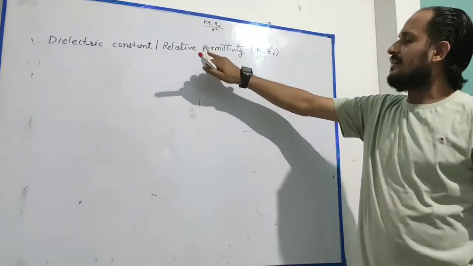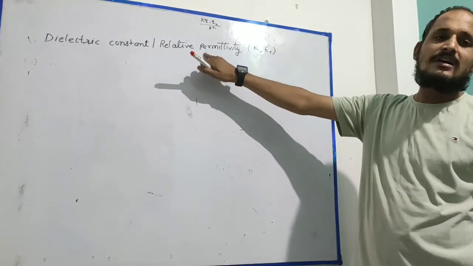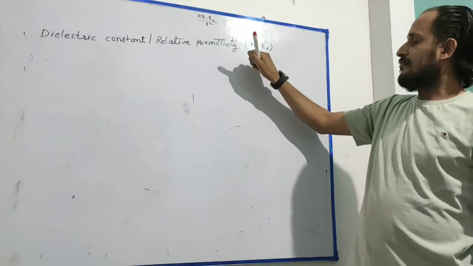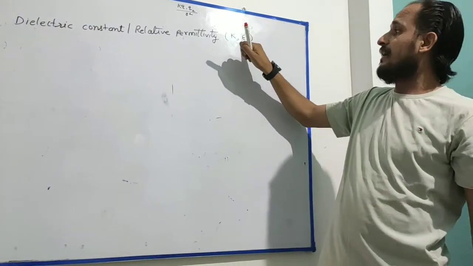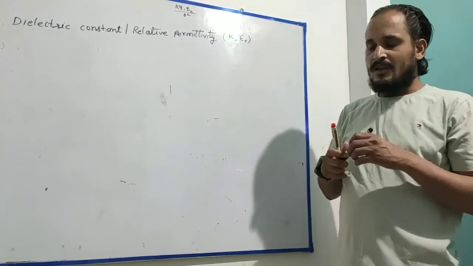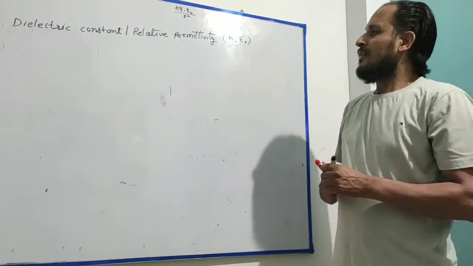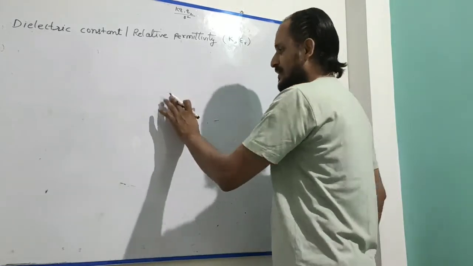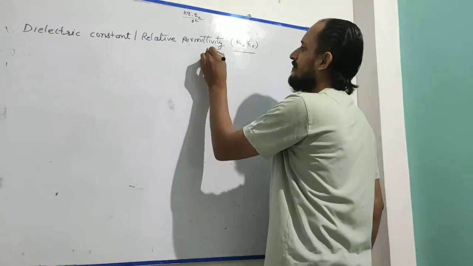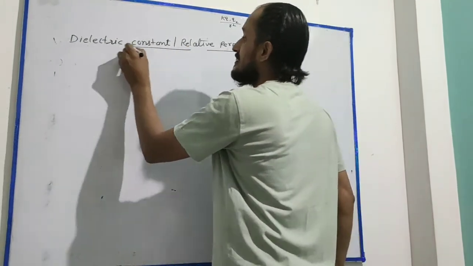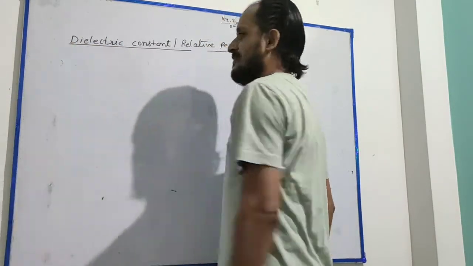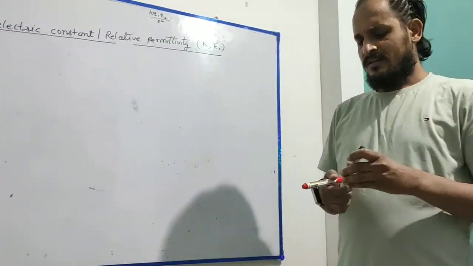Dielectric constant and relative permittivity are the same thing and both can be expressed by K or epsilon r. I will not discuss the definition directly. We will see first and then discuss the definition at last.